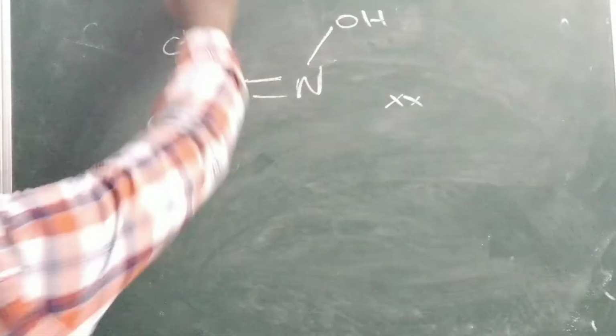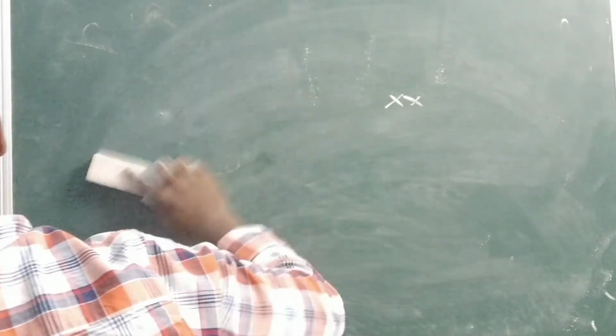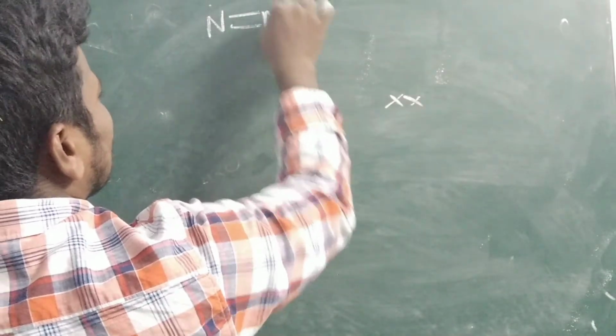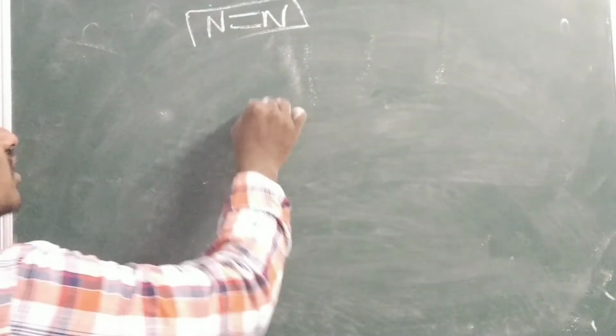Next you can see azo compounds. Do azo compounds exhibit geometrical isomers or not? Of course they exhibit.